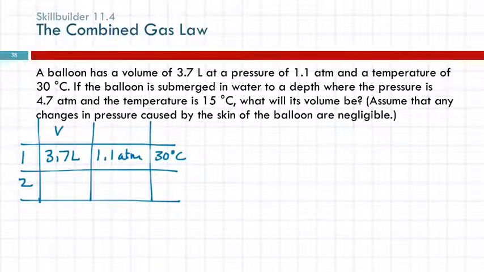So this is my volume, my pressure, and my temperature columns. Degrees Celsius is a no-no, so we need to convert that into Kelvin. And so that's going to be 303 Kelvin.